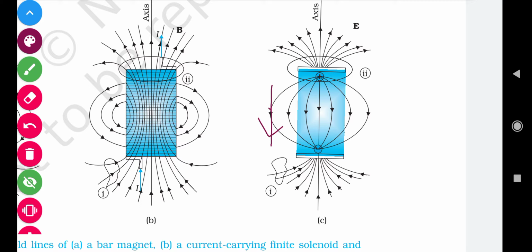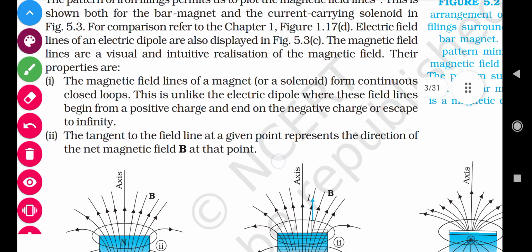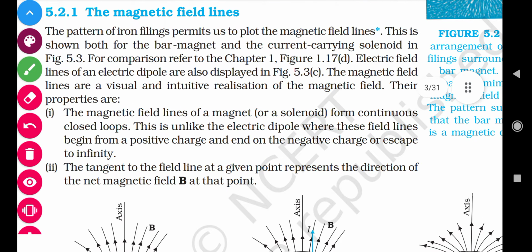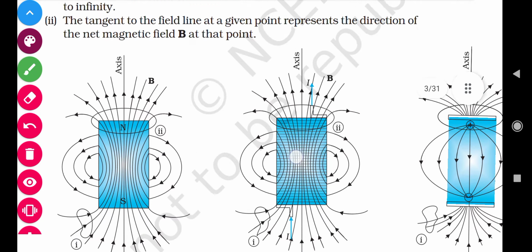But this is not the case here. The direction of the magnetic field will be like this, but the direction of force on a moving charge at this point will not be this. It will be perpendicular, as we know from our previous chapter. So this is a difference. We are not using magnetic lines of force for magnetic field lines.